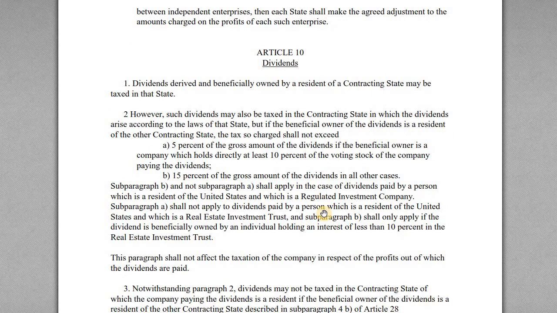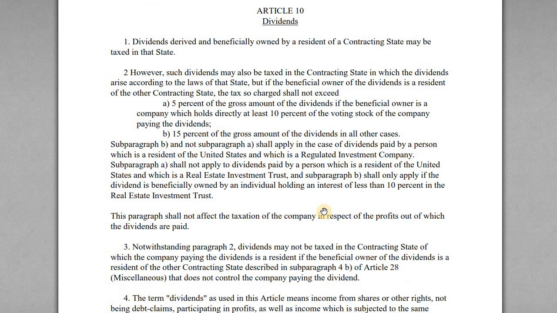Okay, Article 10, dividends. So paragraph 1, pretty straightforward. It just says dividends derived and beneficially owned by a resident of a contracting state may be taxed in that state, right? And so essentially that gives the payor state authority to withhold tax at source.